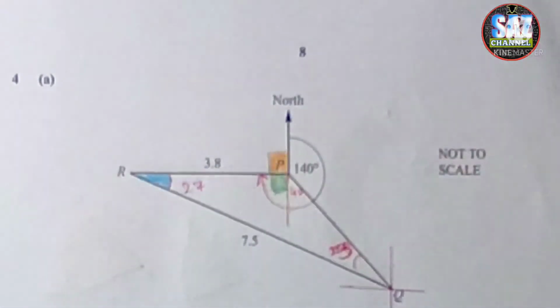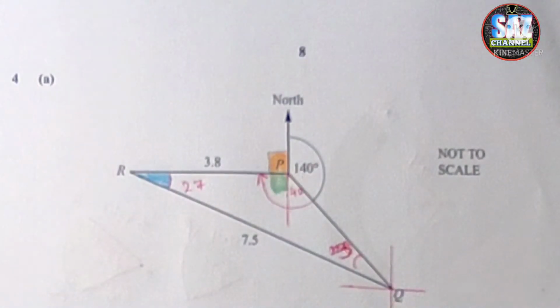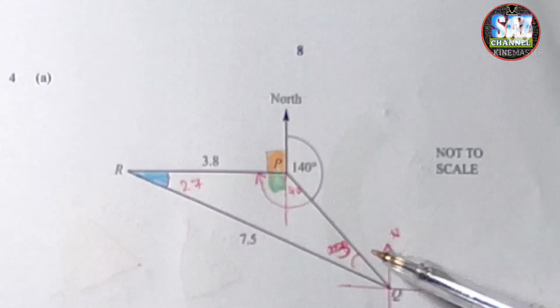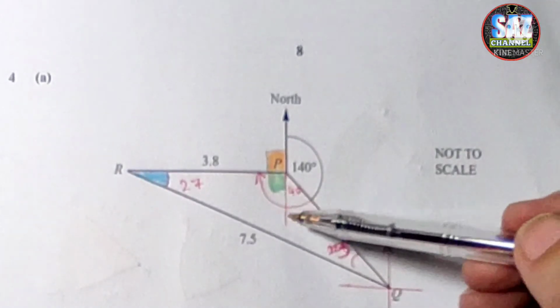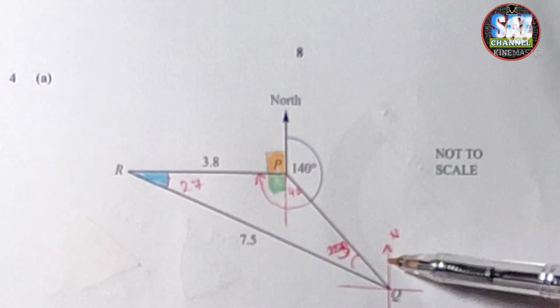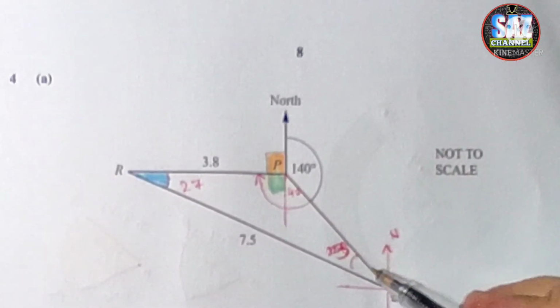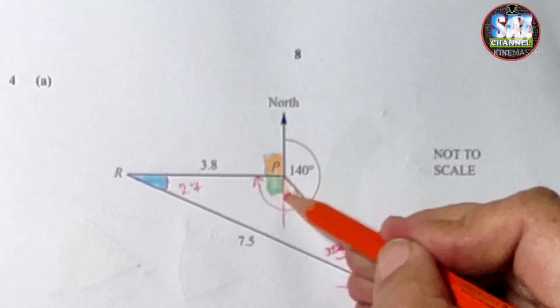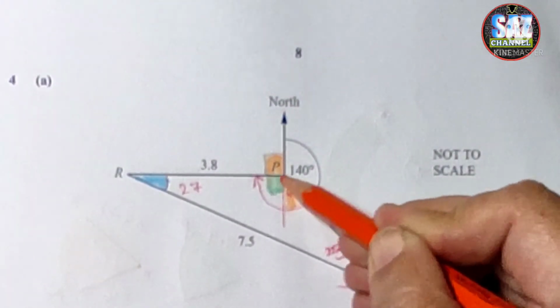And then this is the north. Now look, if we are looking at this position, this is making a Z, so this angle will also be 40 degrees, alternate angles.